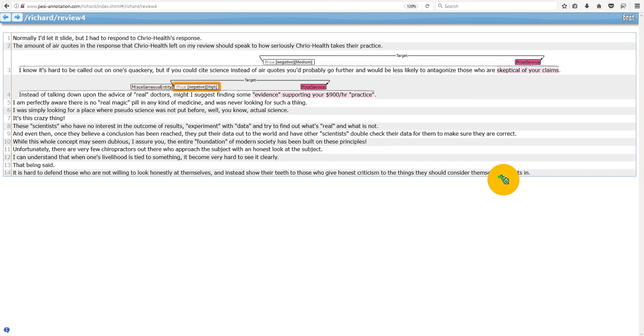Wow, man! So this is very difficult to annotate as a whole. In the first couple of sentences, we can find things, but this is very general.